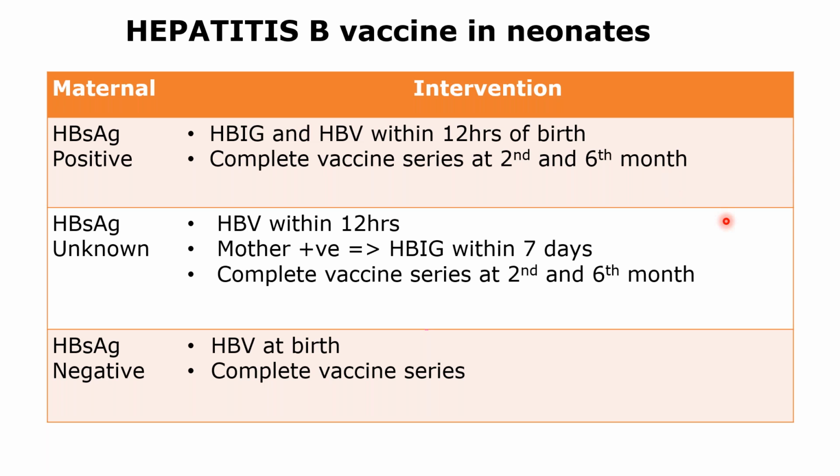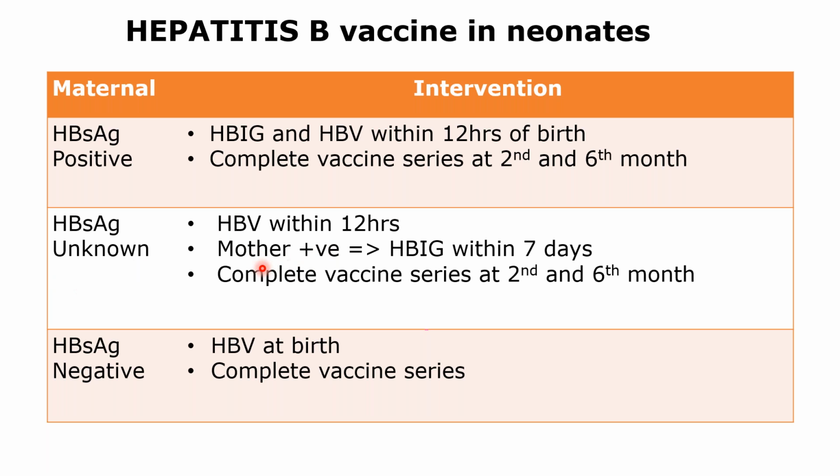Okay. Now, what if the hepatitis B surface antigen status is unknown or the mother is unknown? You do not have a report. Then again, you give hepatitis B vaccine within 12 hours and you send the blood of the mother for testing for HBsAg. If the mother comes out to be negative, nothing else needs to be done.